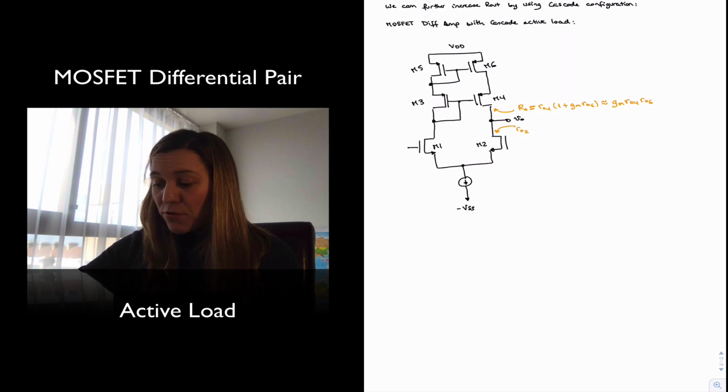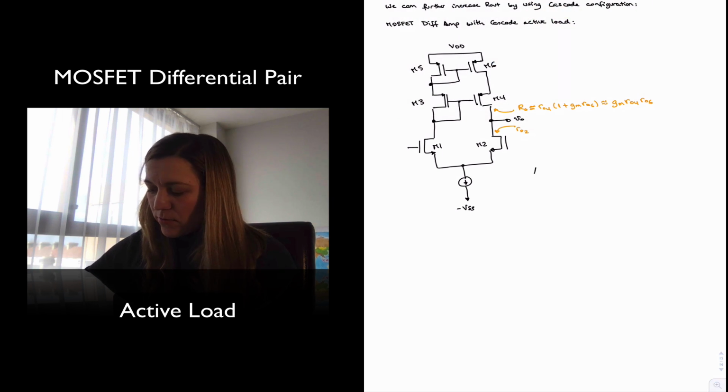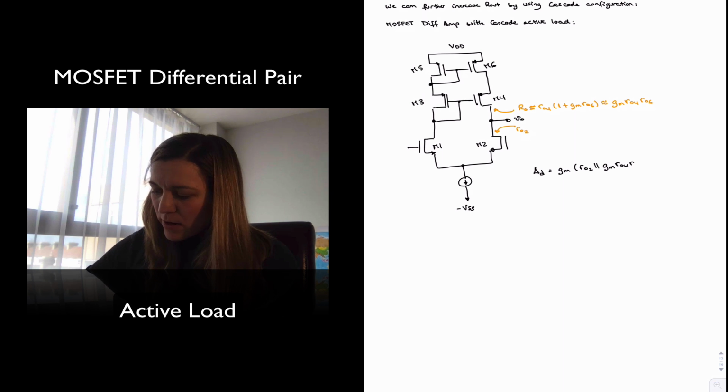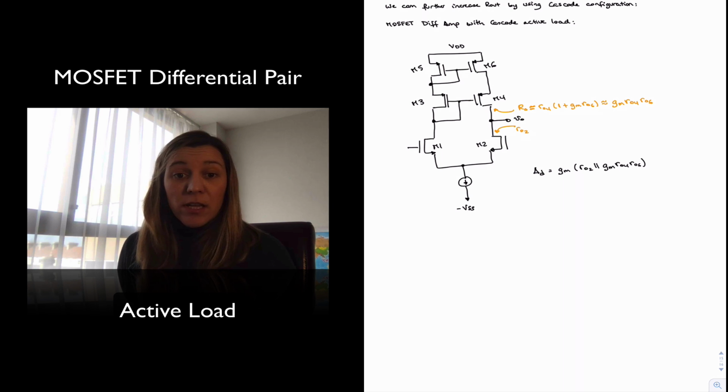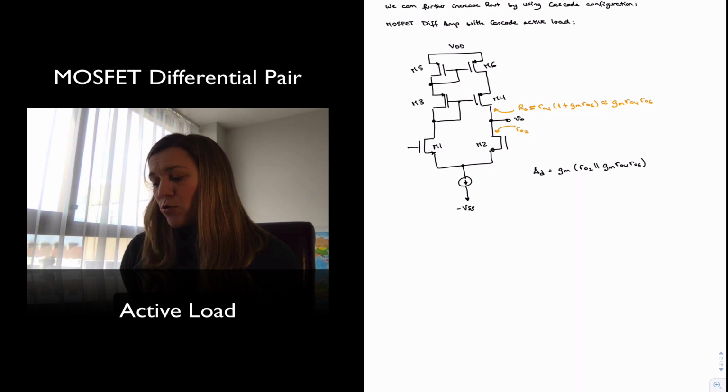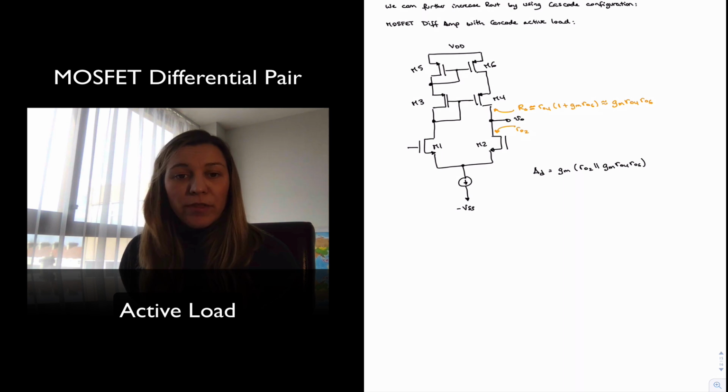Okay, and therefore my gain for the circuit will become now GM times ROut2 in parallel with GM ROut4 ROut6. What is the improvement? Well, before I used to have GM ROut2 in parallel with ROut4, so it's basically 1/2 of GM times little RO.